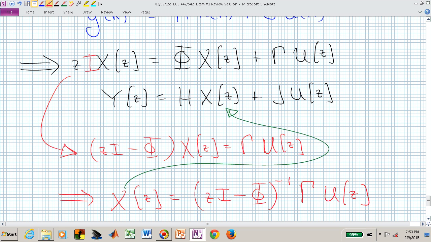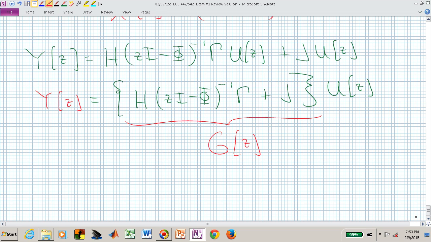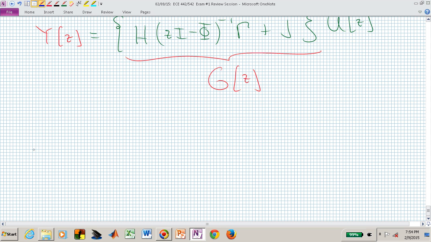You should be able to simply write this on your notes and know how to compute it. In our case, if we did that with the matrices that we have available to us, we have H, which was 1, 0. We have Z minus phi. Z is on the diagonal because of the identity matrix, and we have Z minus the 1, 1 entry of phi.